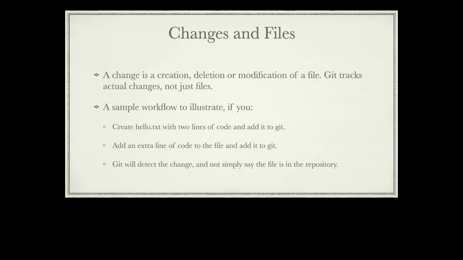If Git was tracking just files, then the file is already in Git and there is nothing to do. But Git tracks not just files but changes. So Git will detect that particular change, the line that you added, and you can add that change to Git and share it with others.